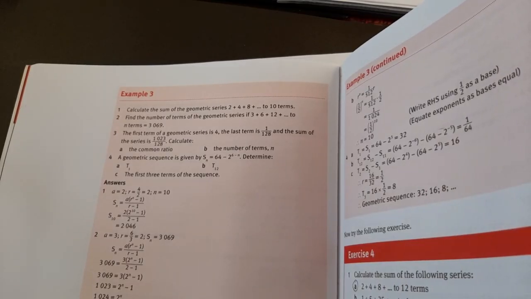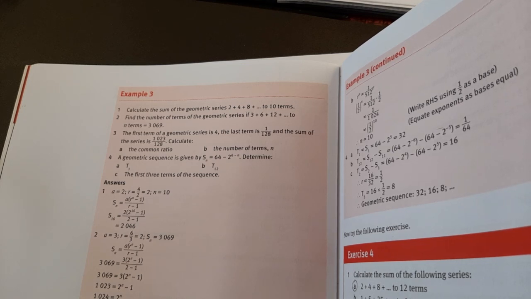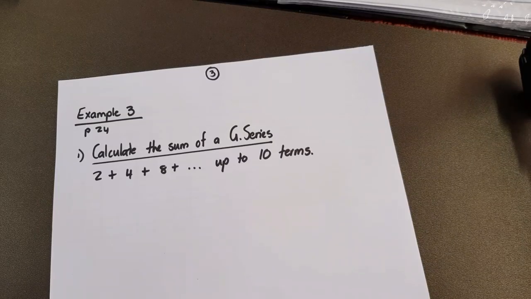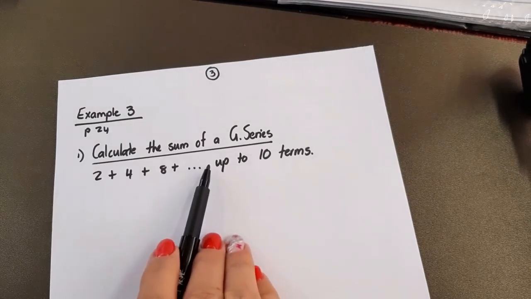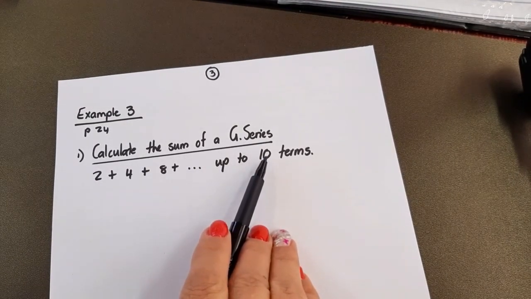The next example I want to do with you is example 3 on page 24 in your textbooks. In the first question, they ask us to calculate the sum of the geometrical series. They give us the series and they want us to calculate the sum up until 10 terms.